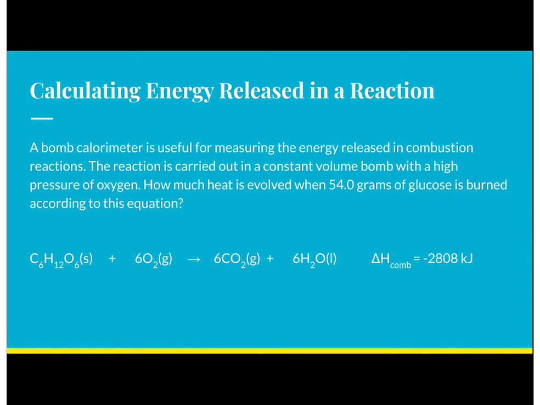So now, calculating energy released in a reaction. Notice I've rewritten the reaction that I wrote earlier in the presentation, and we're going to use this to calculate how much heat is evolved when 54.0 grams of glucose is burned according to this reaction. The first thing you want to remember is that these changes in enthalpy of combustion are for 1 mole of a substance.